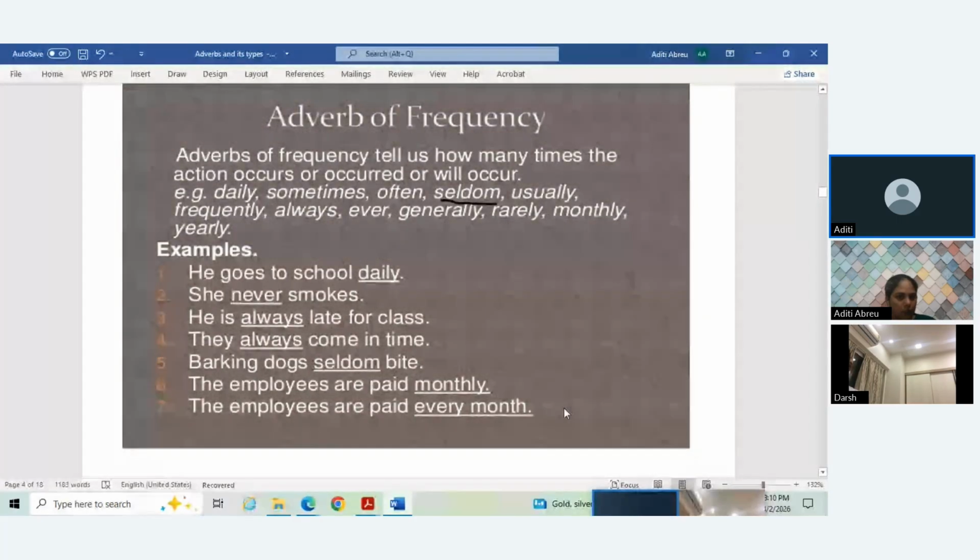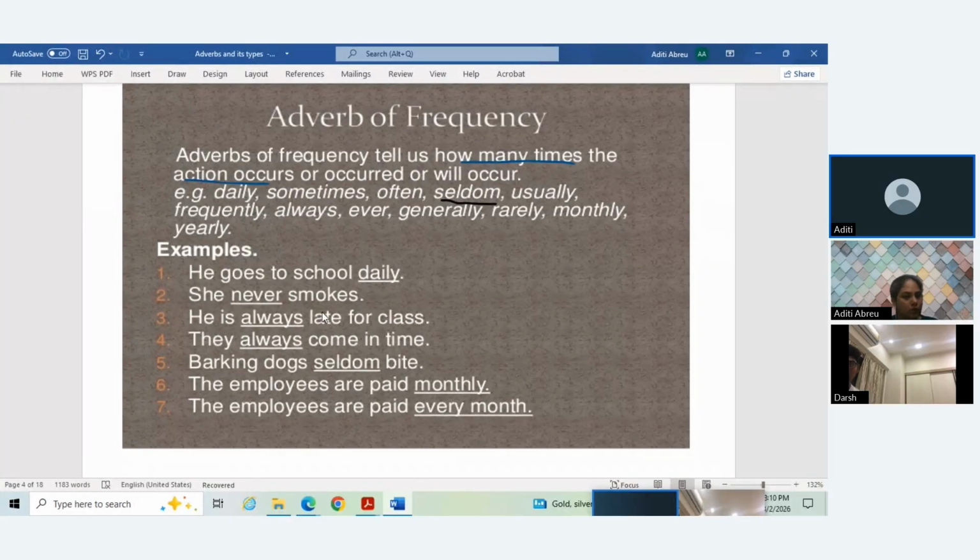Here the question word will be how often, and how many times the action occurs is your explanation. So it can occur daily, weekly, sometimes, often, rarely or seldom, usually, frequently. All these words are your adverbs of frequency.